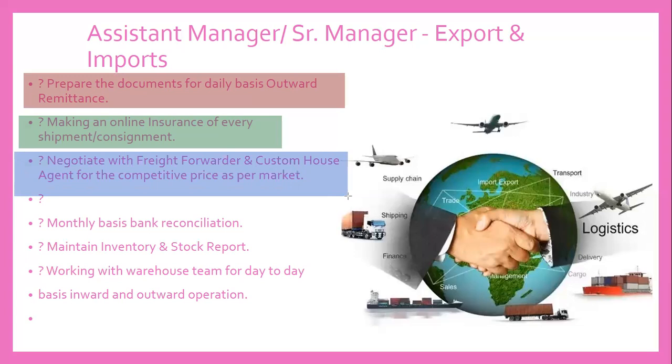Nowadays online export rates are also available on the freight forwarder system, so you can check the best price for exporting the goods and appoint your CHA directly on the spot rate. There you can get very competitive pricing, which will benefit your company and help achieve its objective. So negotiation with the freight forwarder is very important.